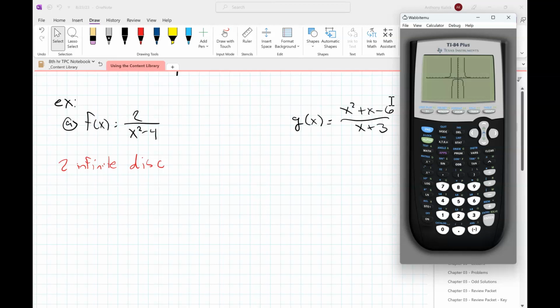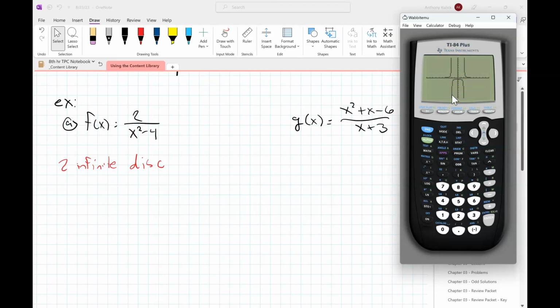Now there's one other part that I wanted to do. I also wanted to tell the location of these discontinuities. So if I look at my calculator, it looks like right about here is where that vertical line is. Everybody kind of see that? If I count to where that is on the x-axis, I went 1, 2 units to the left, and that's where the vertical line is, right? Everybody okay with that?